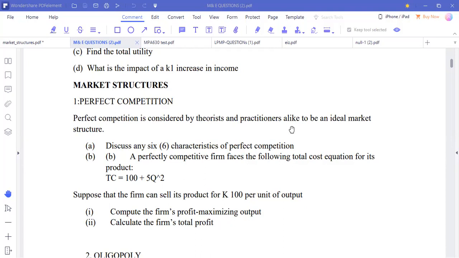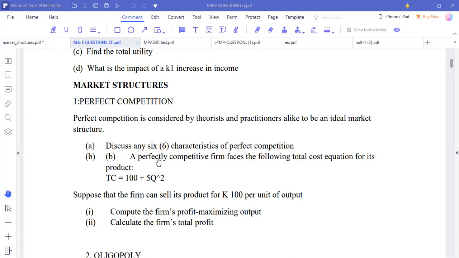Yeah, they're highly mobile. You can remove or add to it. Exactly. Okay. What can you tell me also about demand elasticity? It's elastic. Yeah, that's why we say it's perfectly elastic. Perfect competition. It's perfectly elastic.